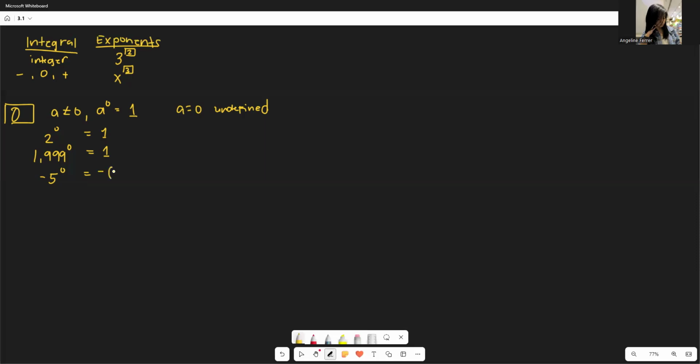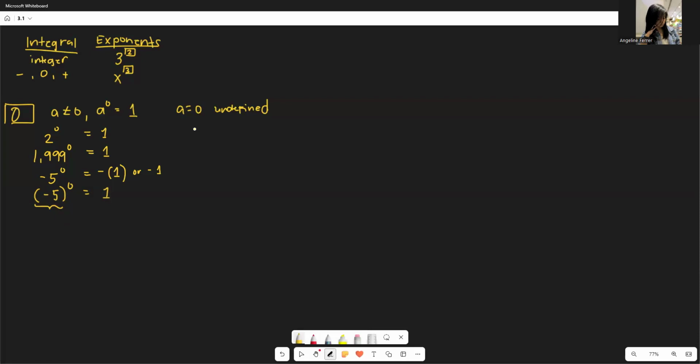So it would be like this, or simply negative 1. But then, if it's inside a parenthesis, that means this entire thing is being raised to 0, which will make it just 1, because whatever this value is, it will be raised to 0.